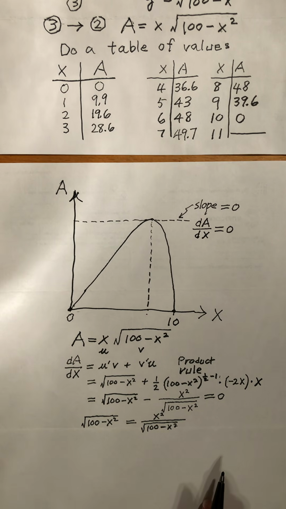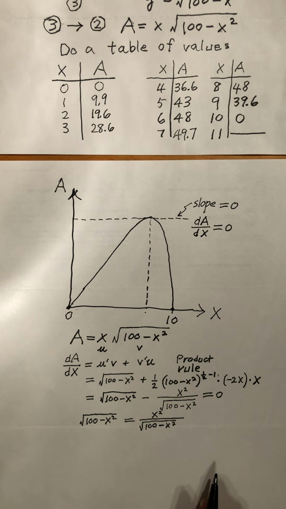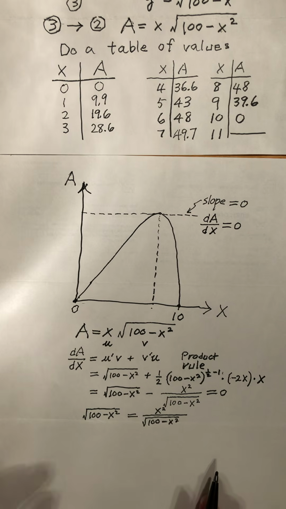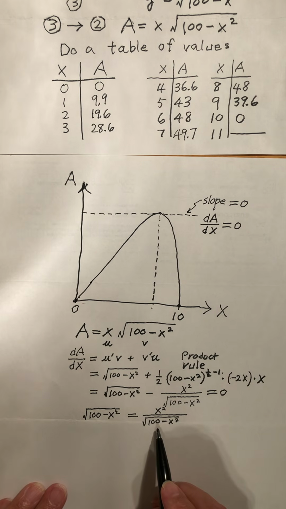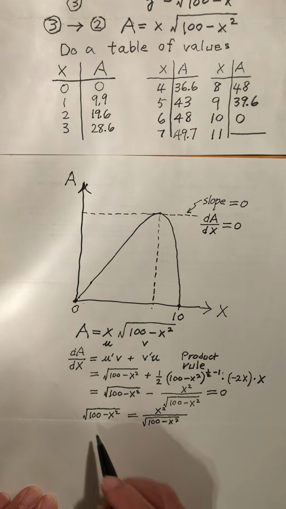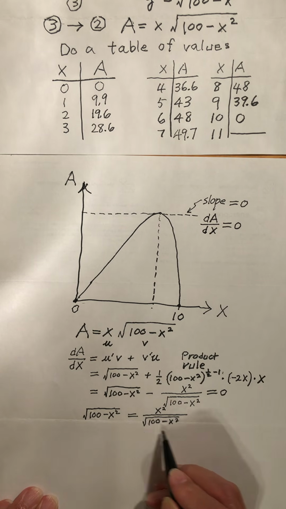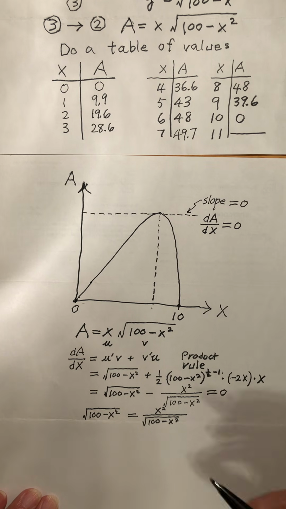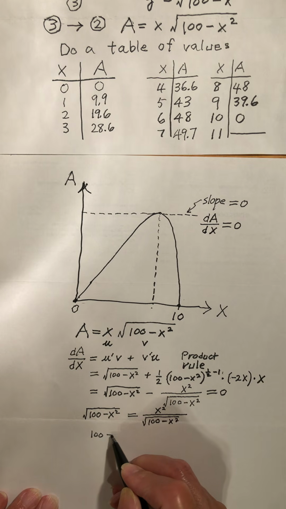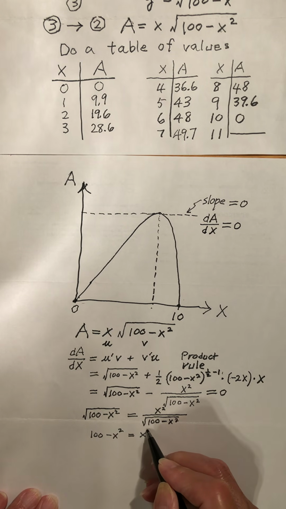Then you reduce it. So you multiply this to the left-hand side. So I have square root of this times the same square root, so the square root disappears. I have 100 minus x squared equals x squared.